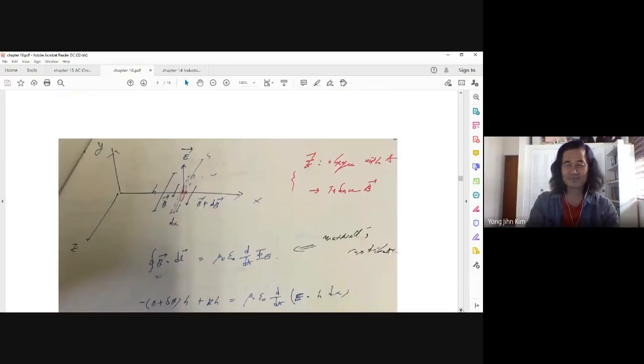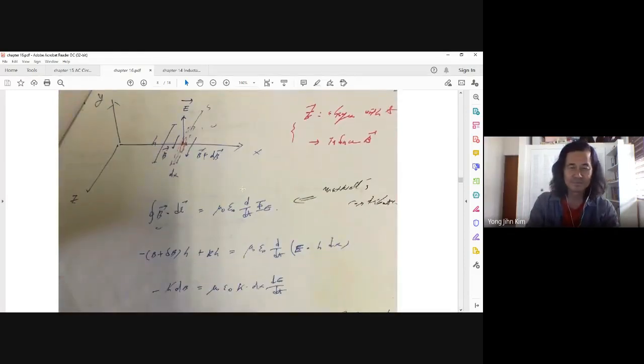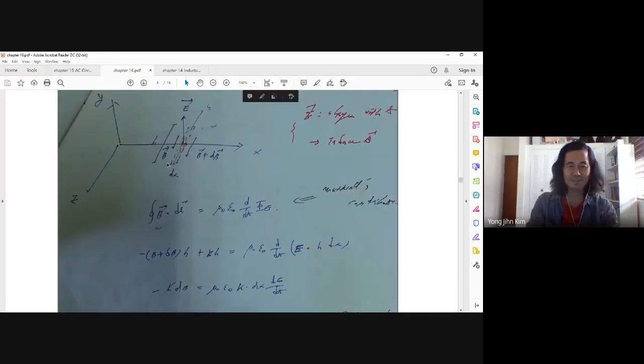Now let me look at the strip in the xz plane. The electric field is in the y direction, so for this strip, the electric field is perpendicular, and the electric field is changing with respect to time.